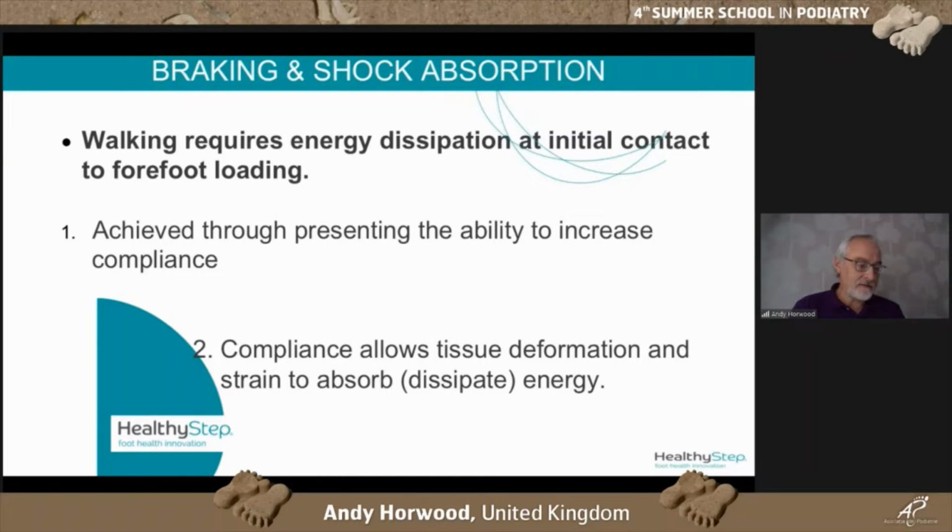Therefore, the midfoot and forefoot are stiffened prior to forefoot loading. And that basically makes the foot a nice stiff structure that can become compliant when it's loaded into the ground. So the foot can therefore become deformable once the forefoot loads onto the ground and the energy can be absorbed.